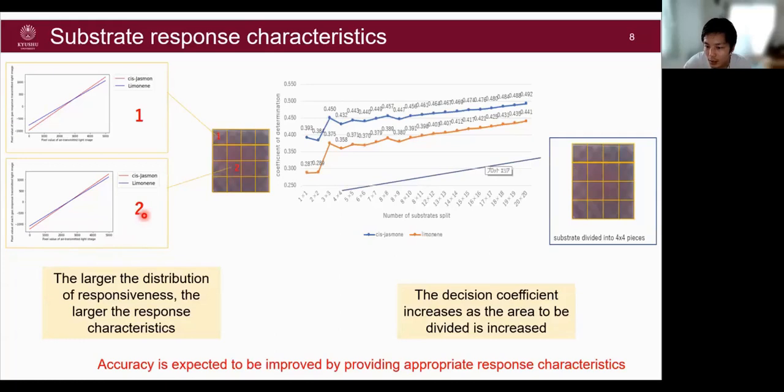The thicker the film, the smaller the change in transmittance, while area 1 is the area where the response distribution is larger, and area 2 is the area where the response distribution is smaller. The regression line for 1 has a larger difference in slope than that for 2, and the magnitude of the response characteristic is reflected in the regression line.